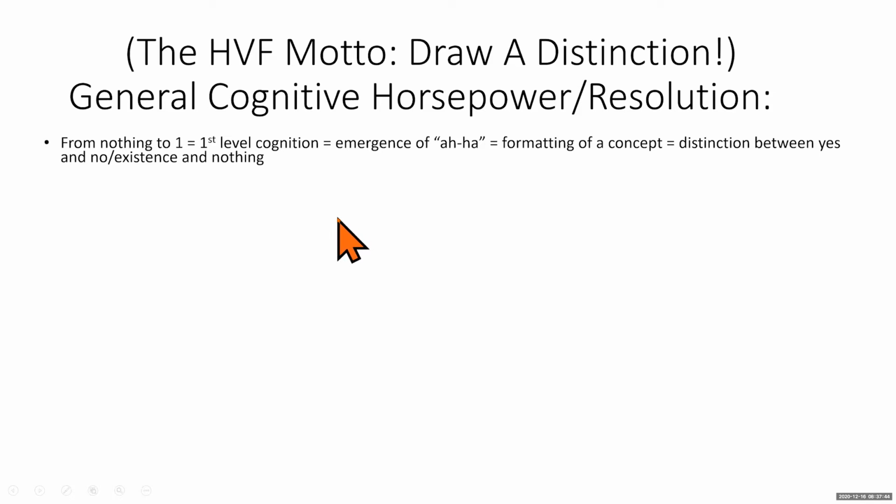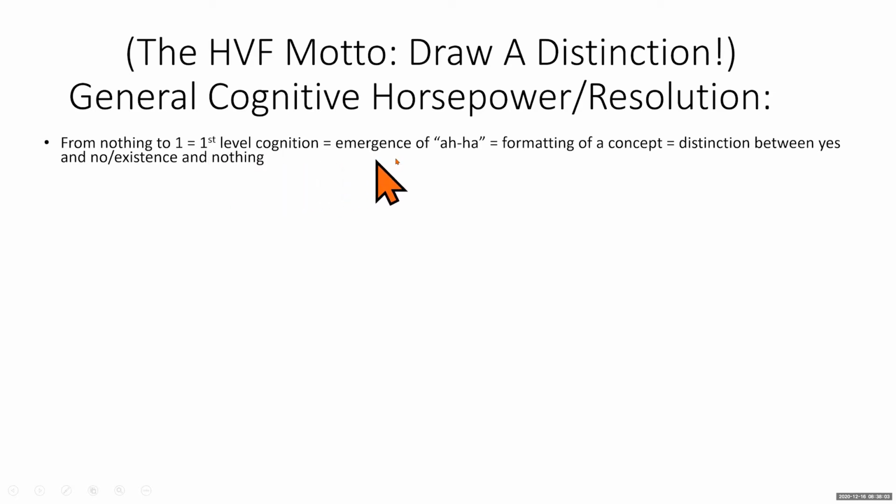So one frame of that is we do it one level after another. From chaos, from nothing, we recognize the one object. I call it first level cognition.